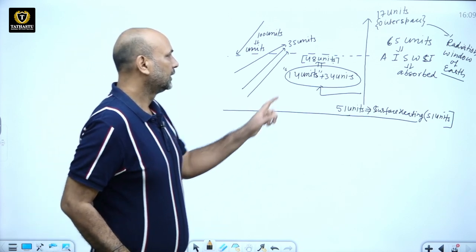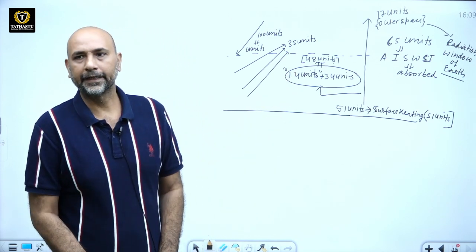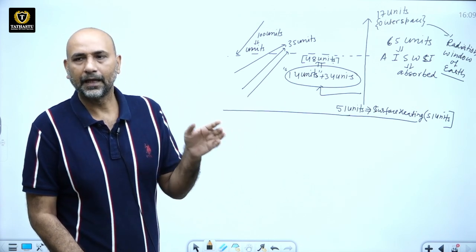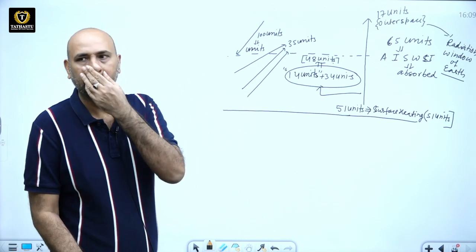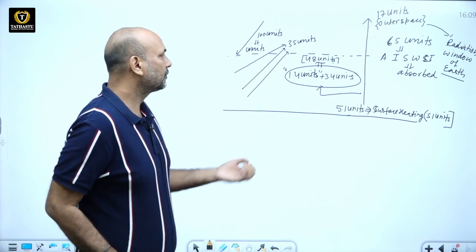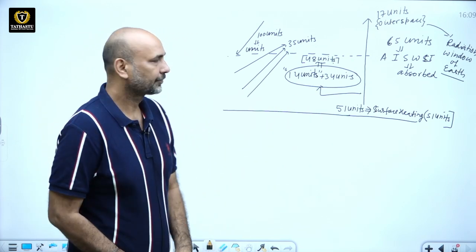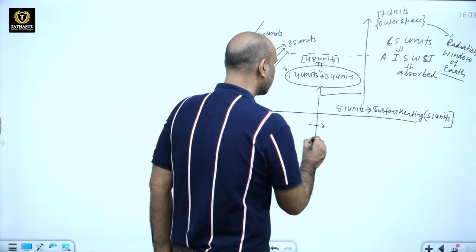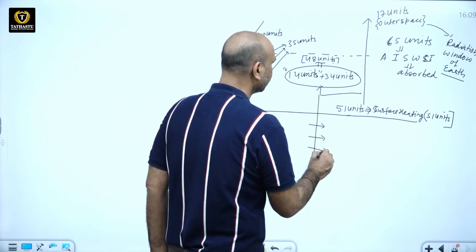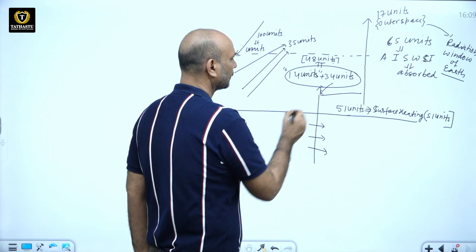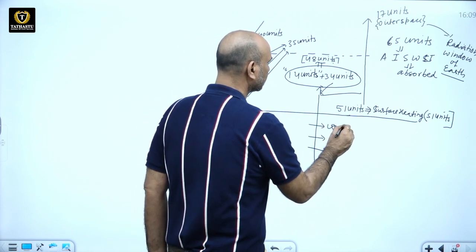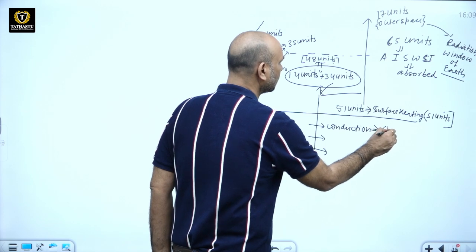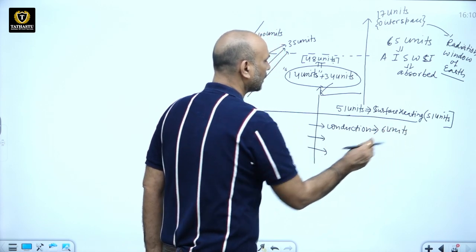So now the atmosphere contains 48 units: 14 units by incoming shortwave solar insolation and 34 units contributed by surface heating. These three processes are involved in surface to atmospheric heating. Conduction from surface to atmosphere contributes 6 units.